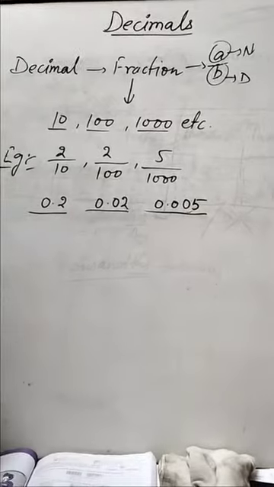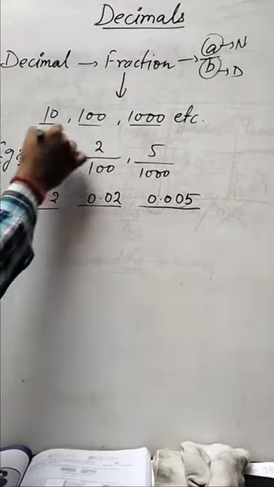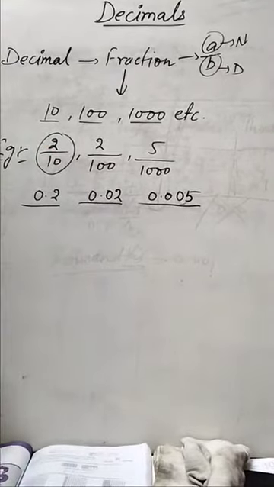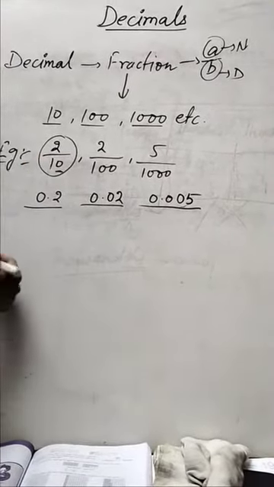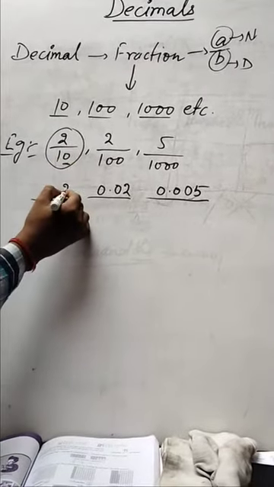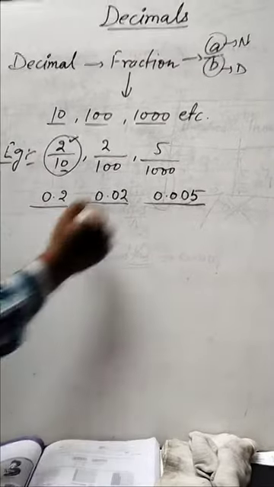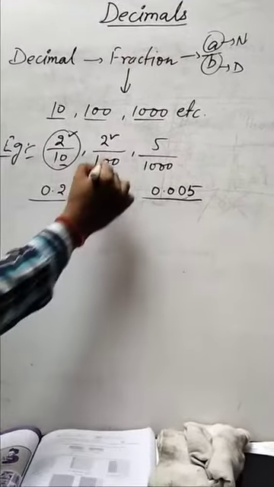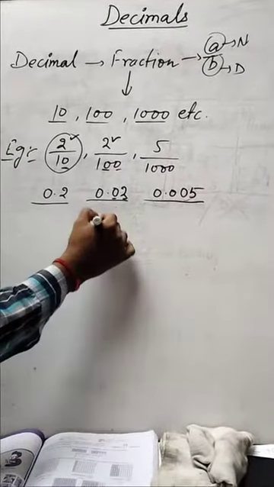These are the decimal numbers, and these decimal numbers are directly related with these fractions, because the number of digits depends on the number of zeros. The 10 has one zero here, so after decimal you will write the number, whatever the number at the place of the numerator. So the number is 2, the number of zeros is 2, so you will write in this way. Don't write in this way.